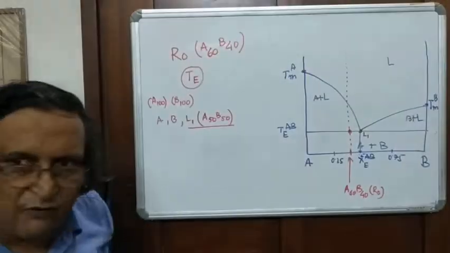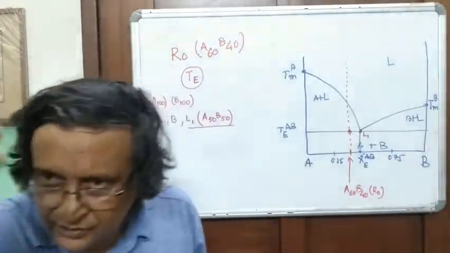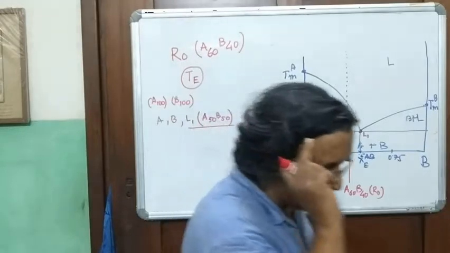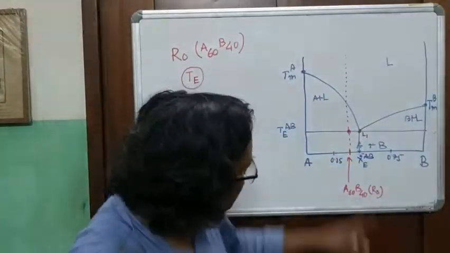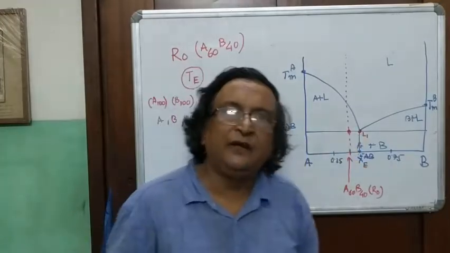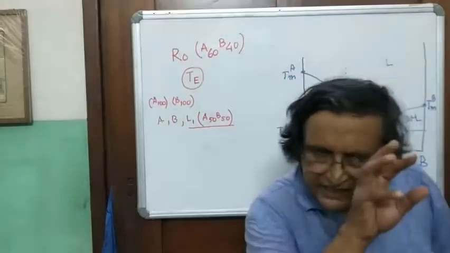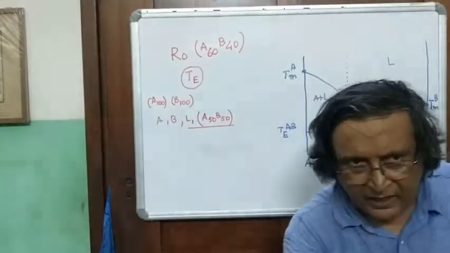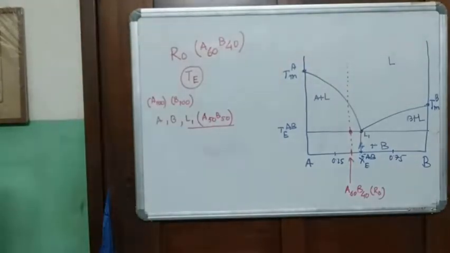So what will happen? What will be the composition of the solid? Mark my words. What will be the composition of the solid in equilibrium with L1? We know that it contains pure A and pure B. But in what proportion now?